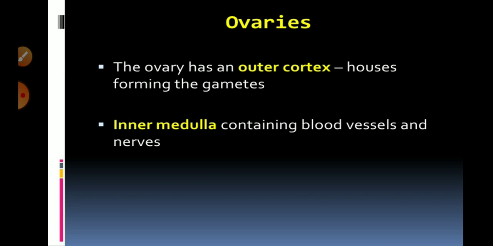So the paired ovaries flank the uterus on each side, and each ovary is held in its place within the peritoneal cavity by several ligaments.